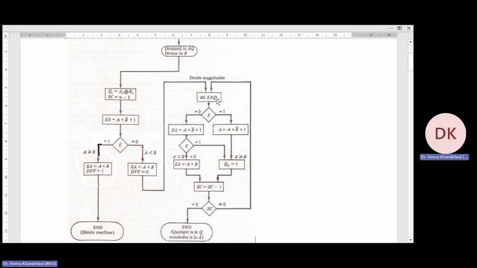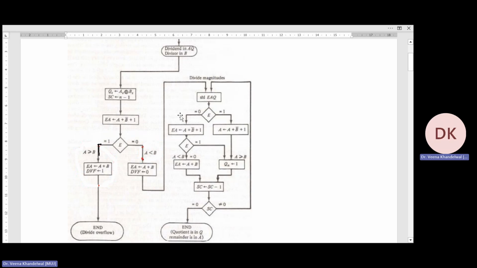But after performing shift left, we then once again compute A plus B complement plus 1. And if after performing shift left, if E is equal to 1, then we compute all this. And whether the value of E is 0 or 1, we definitely perform E is equal to A minus B. That is, we perform A plus B complement plus 1 in both the cases the first time after performing the shift left.